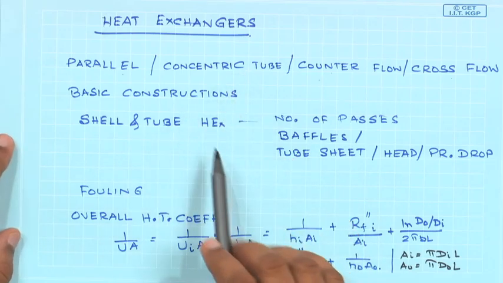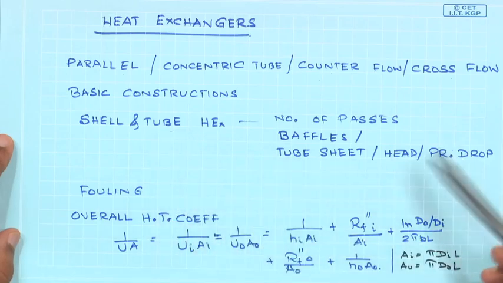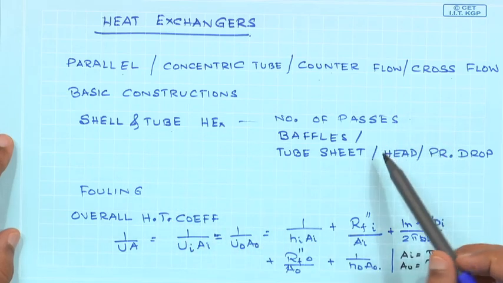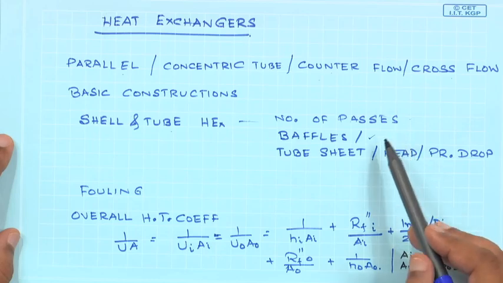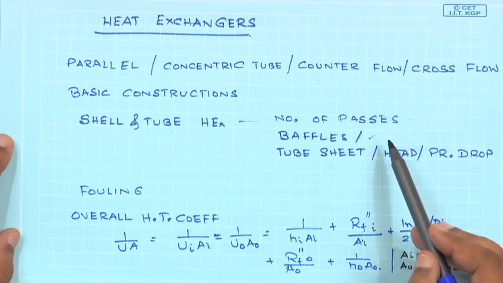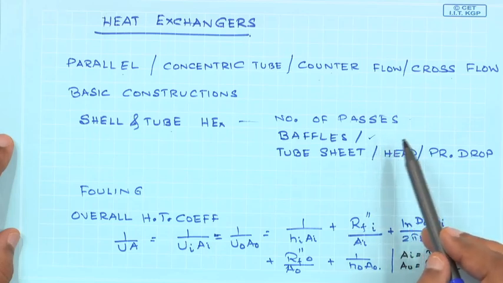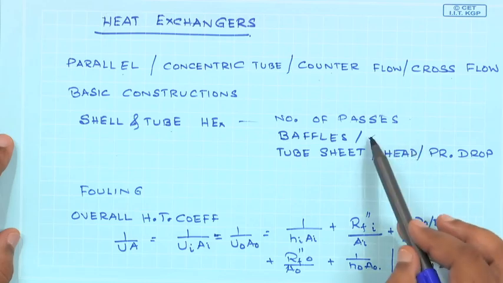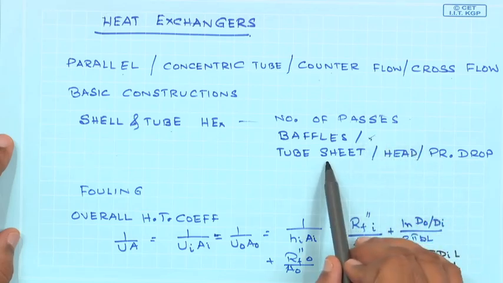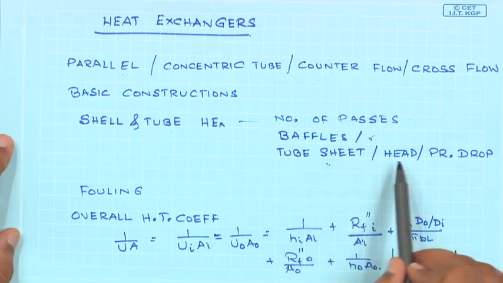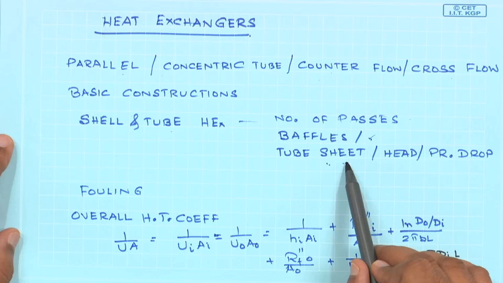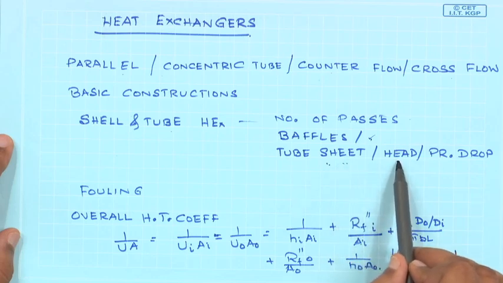The basic constructions, we spoke about shell and tube. As I said, the number of passes, and the baffles, which are obstructions to the flow path and which make the fluid move in a zigzag pattern, in a tortuous path inside the shell, with the idea of increasing the heat transfer coefficient. The tubes are connected by a tube sheet, and the heat exchanger is closed by different types of heads.